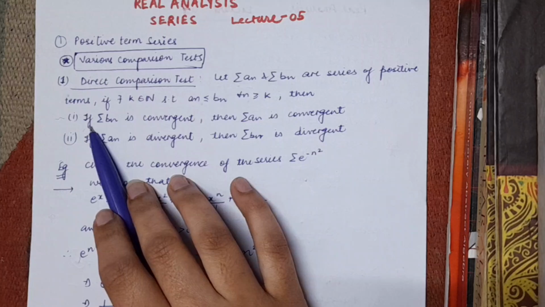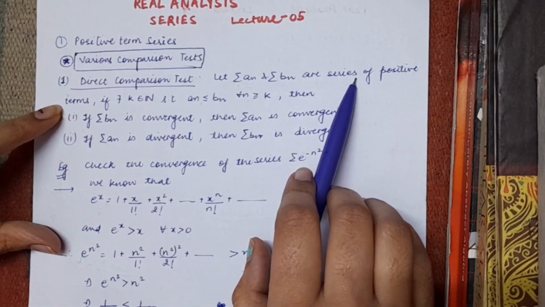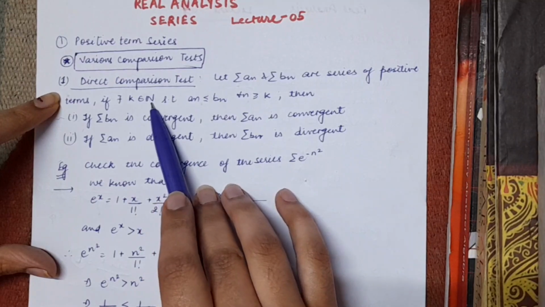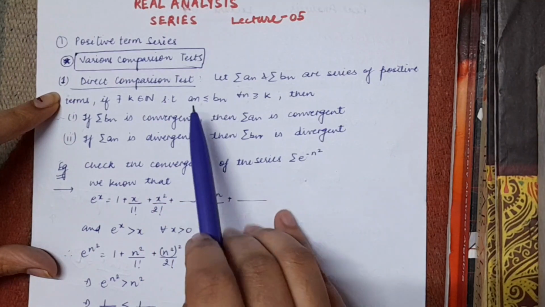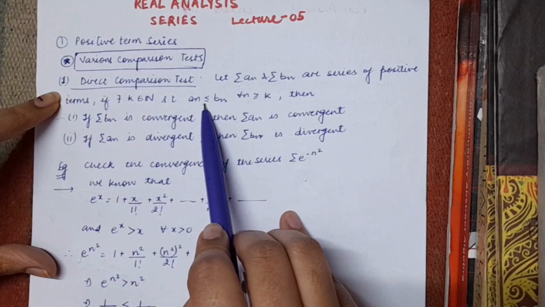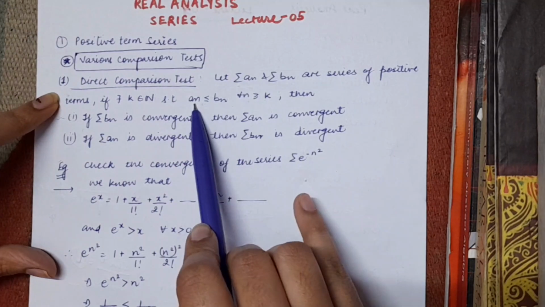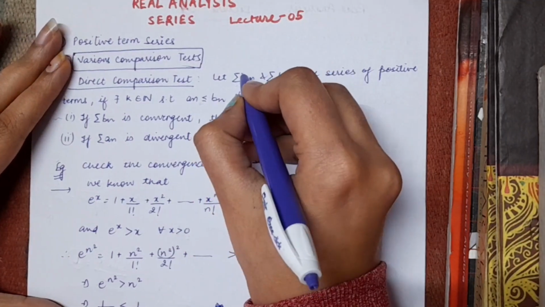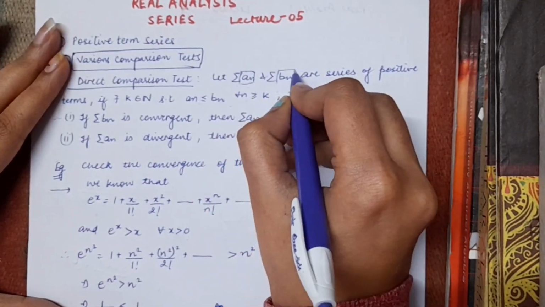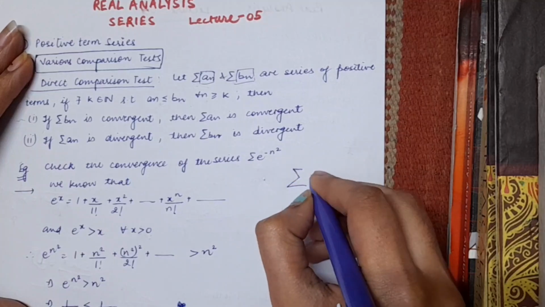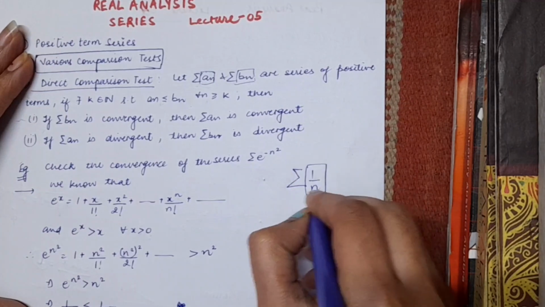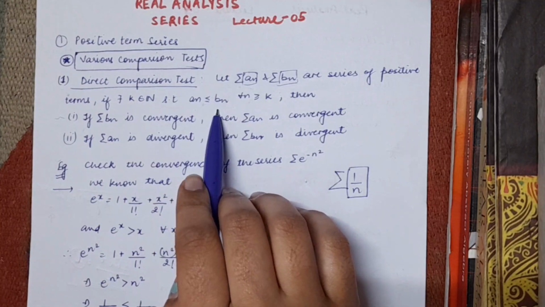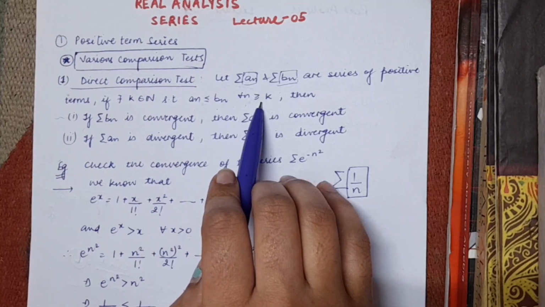Suppose there exists k which belongs to the natural numbers such that an is less than or equal to bn for all n greater than or equal to k. Here an means the sequence an, for example if I write the series 1/n, that is just the an part.